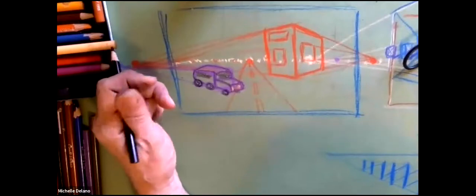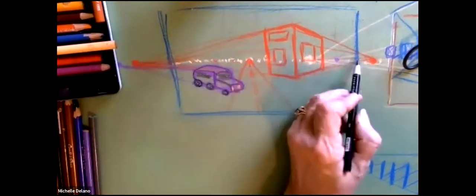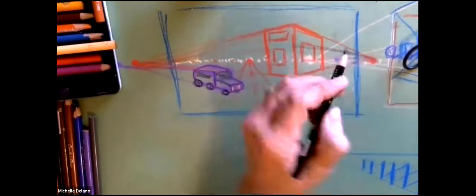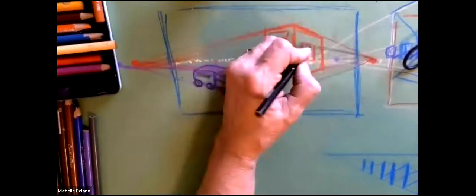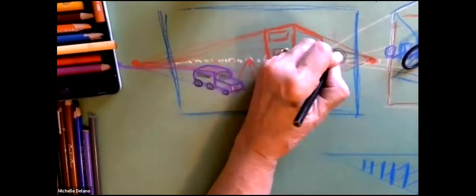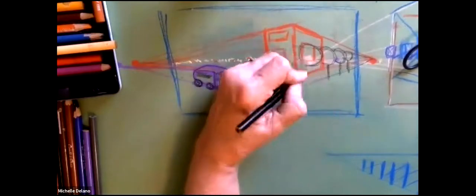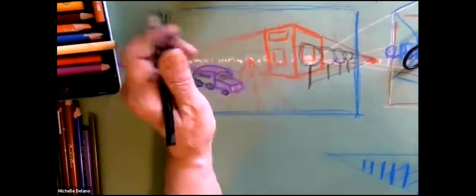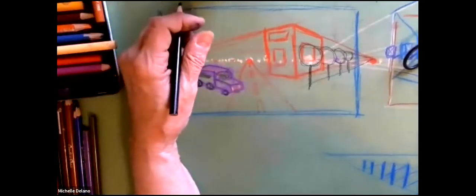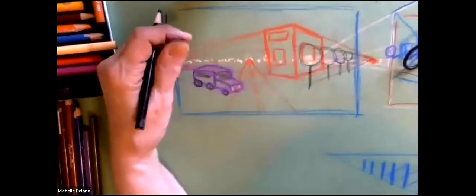Now, we talked before, one of the things we were talking about was the trees in Mariana's drawing. Trees can go in perspective as well. So it's worth it not to get too stuck on just rectangles in perspective.